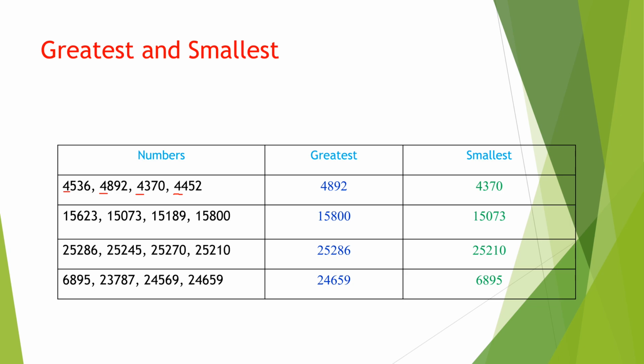In 4,452, it is 4. So 8 is greater than the others, so the greatest number is 4,892. Also the hundreds place digit in 4,370, that is 3, is smallest. So the smallest number is 4,370.